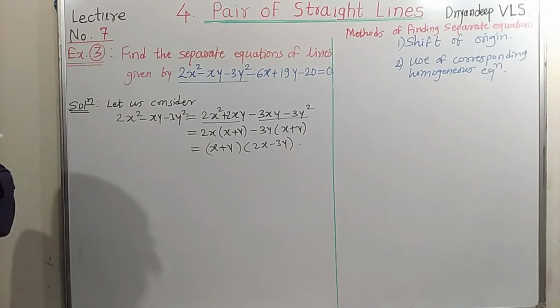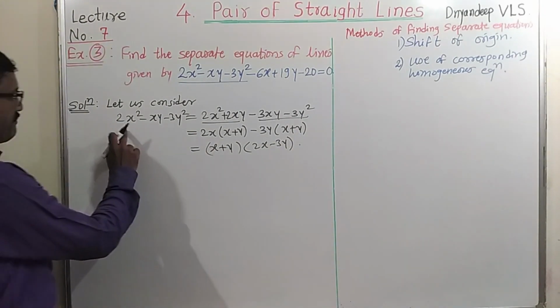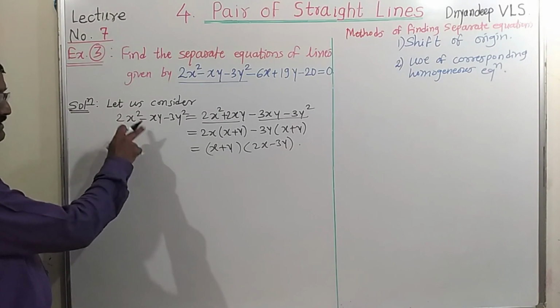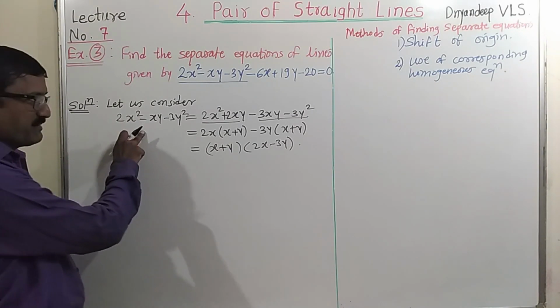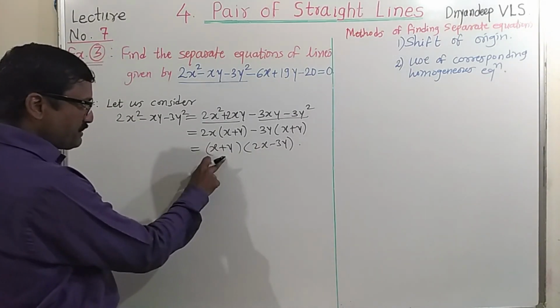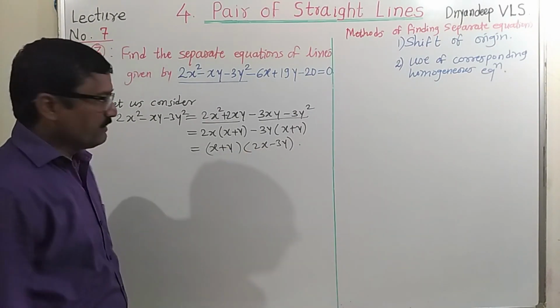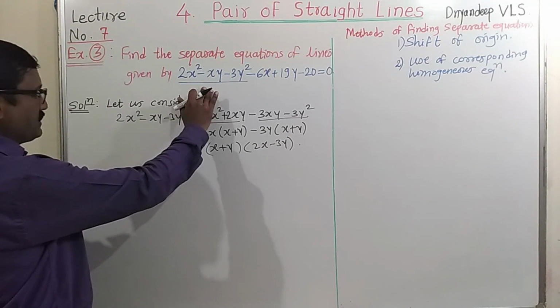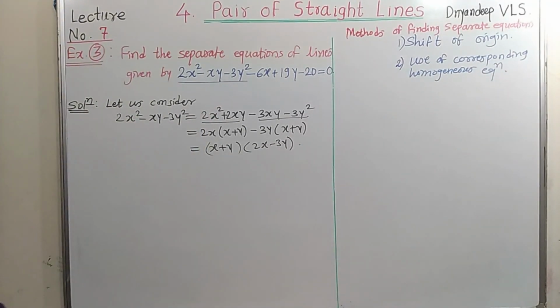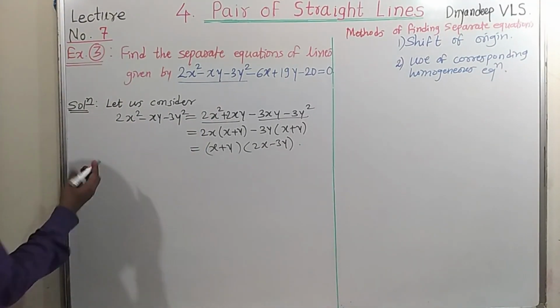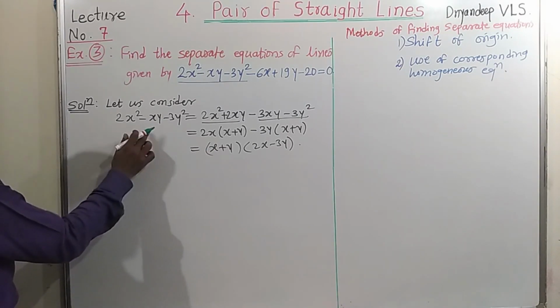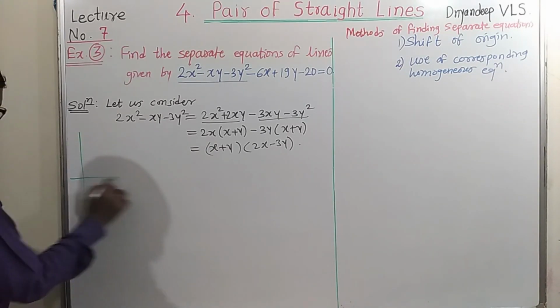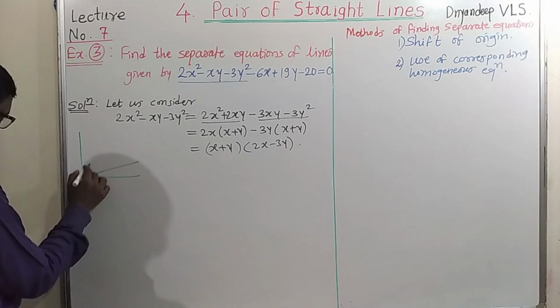Okay, now we can use these factors because if you take this equal to 0, then this represents two lines passing through origin, and those two lines are nothing but x plus y equal to 0 and 2x minus 3y equal to 0. So these are two lines parallel to the given two lines. Once again I will draw one figure.